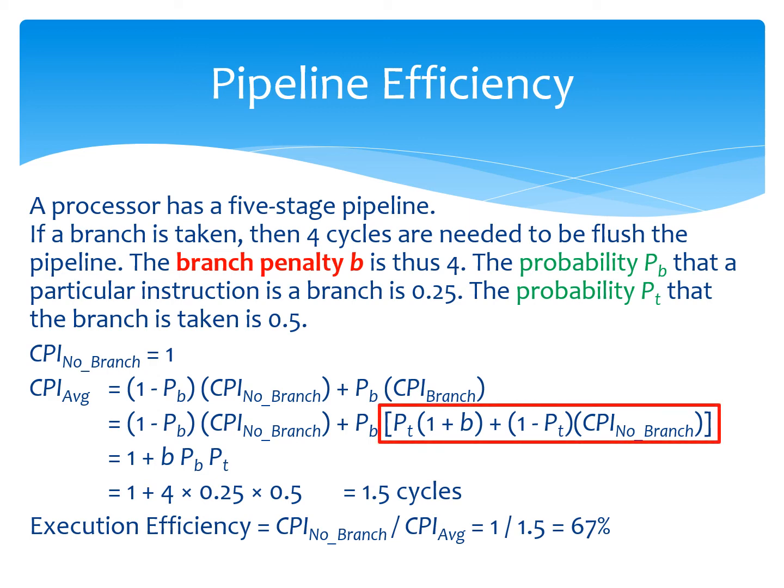The CPI branch can be substituted as highlighted in the red rectangle, and thus we can rewrite it as CPI average equals 1 plus B times PB times PT. The execution efficiency is CPI no branch divided by CPI average, which is 67%.